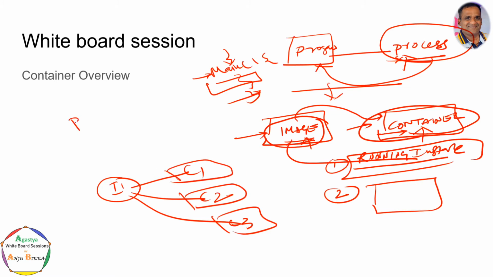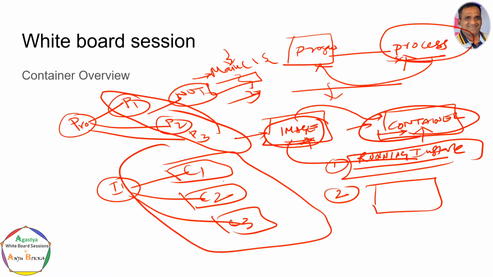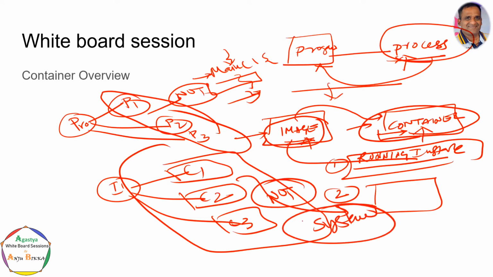For example, when we have a program and start processes P1, P2, P3, these are not isolated. But these containers are isolated from each other and also isolated from all other processes in the system. This is the main important point to note.